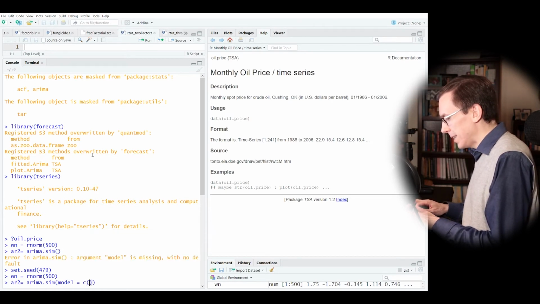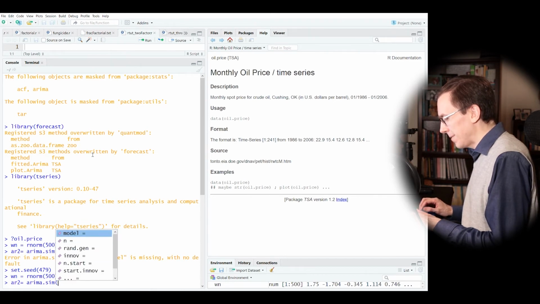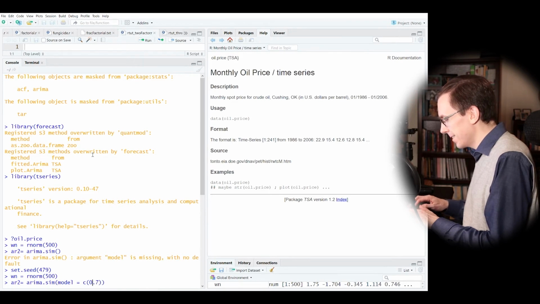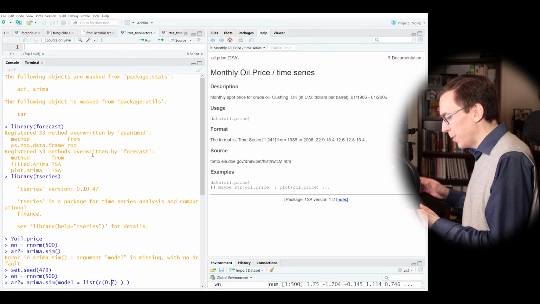The model is going to be, well, yeah, that's right. I believe I need a list, a list component with the AR and the MA. So my AR piece is going to be, let's say, 0.7 and let's say 0.2.